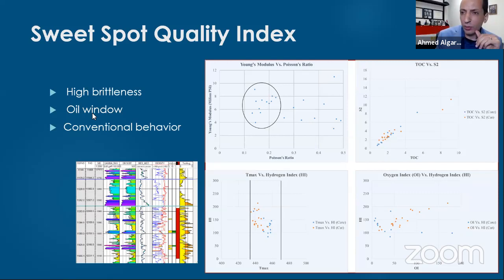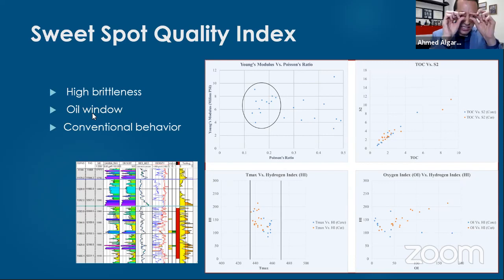Also, we have a conventional behavior. Conventional behavior means what? I have a thick shale formation, but there is a tiny layer of conventional reservoir in the middle, like a small 10 feet of sand, and this sand is saturated with condensate oil.